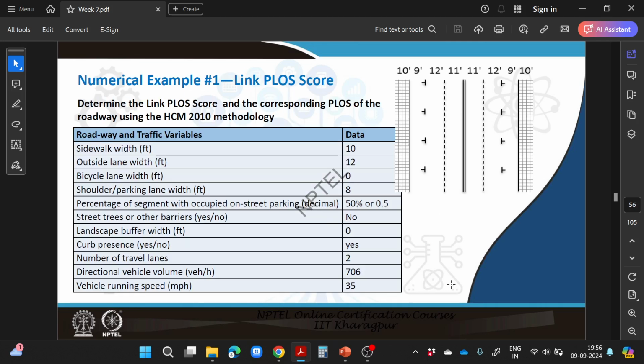Just let me check the numerical ones. Determine the PLOS score and corresponding PLOS of the roadway using HCM.